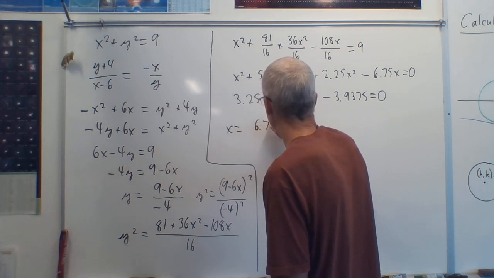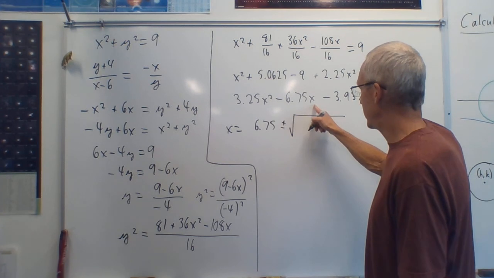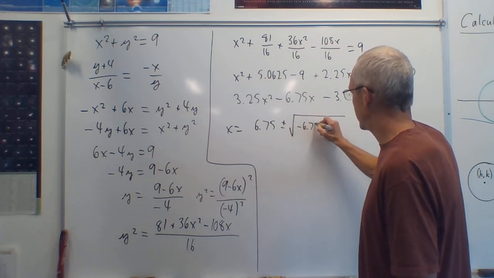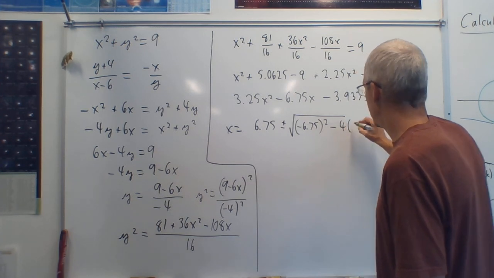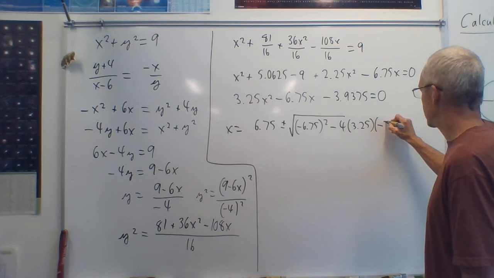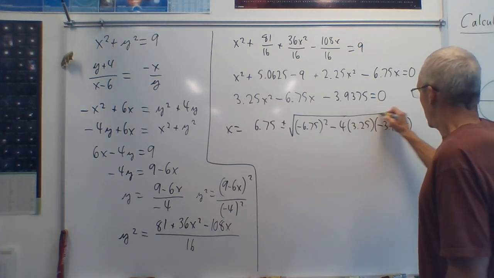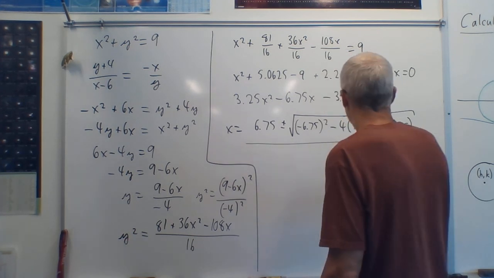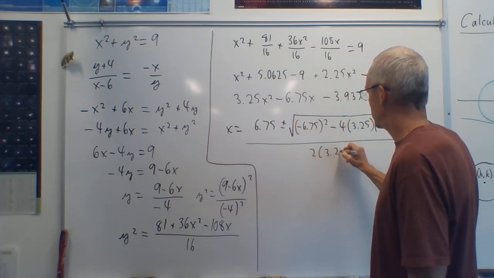So 6.75 plus or minus the square root of b squared. So negative 6.75 squared minus 4 times a, which is 3.25, times c, which is negative 3.9375, all divided by 2 times a, so 2 times 3.25.